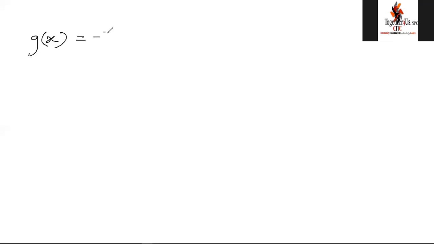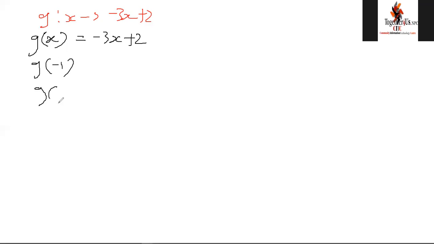Let's say it's minus 3x plus 2. Remember, the mapping for this will be, you've got a function g, and it maps x values in this fashion, minus 3x plus 2. That's another way to write it. This is the mapping form, and this is the function notation form. So let's go ahead now and find some interesting things. What is g of -1?